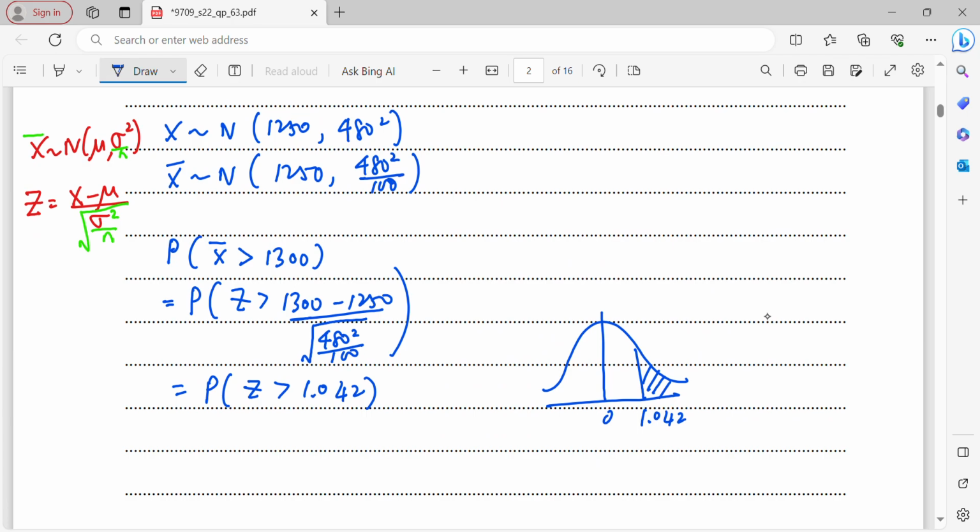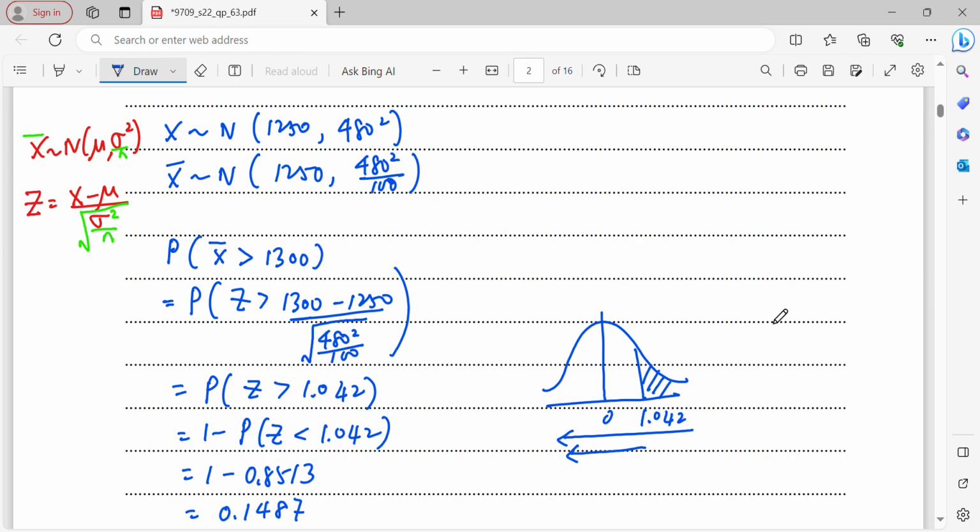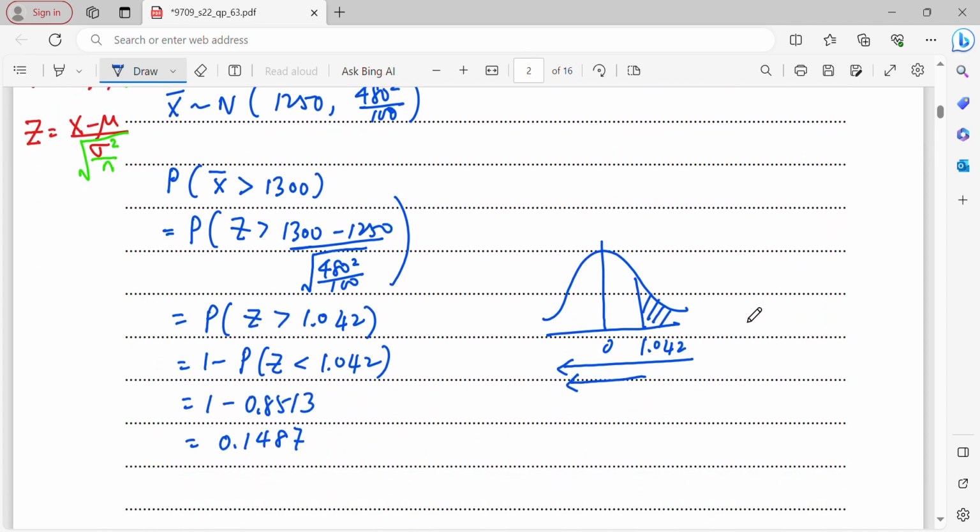So to get this region, it will be 1 minus P(Z less than 1.042). The probability is 0.8513, so at last you will get 0.1487. You can just leave it in this form, or round to 3 significant figures, so 0.149.